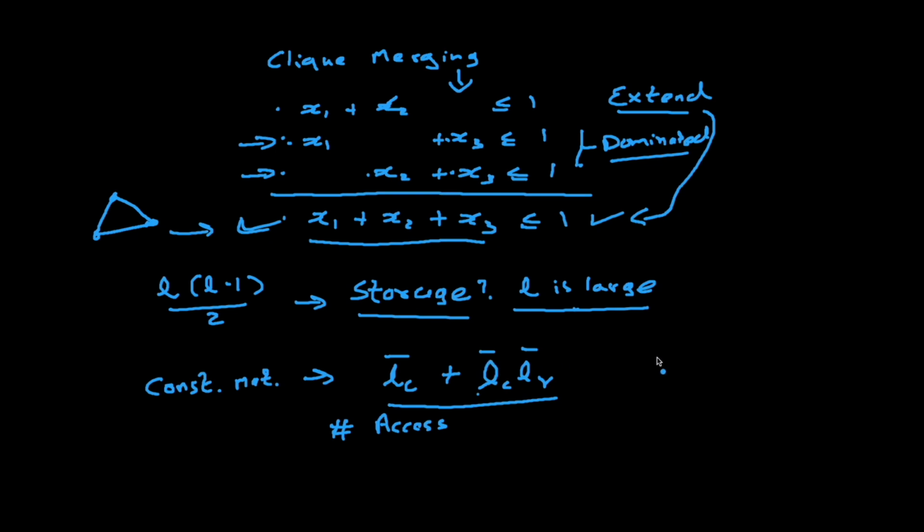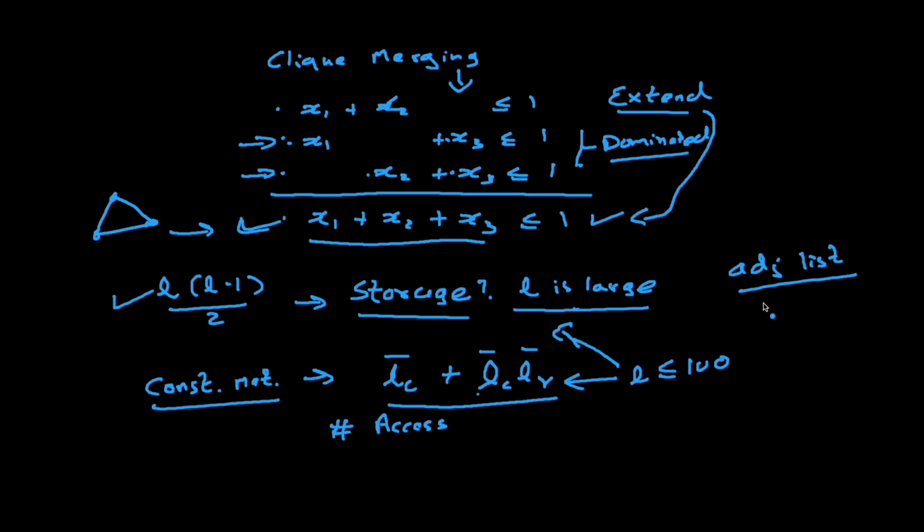So sometimes it is better to use the other representation, let's say when L is small. If L is less than or equal to 100, then we use that one. Otherwise, we continue using our operations on the constraint matrix. When L is small, up to 100, we put everything into a graph adjacency list. If you have studied graph theory, this is a way to represent graph edges.